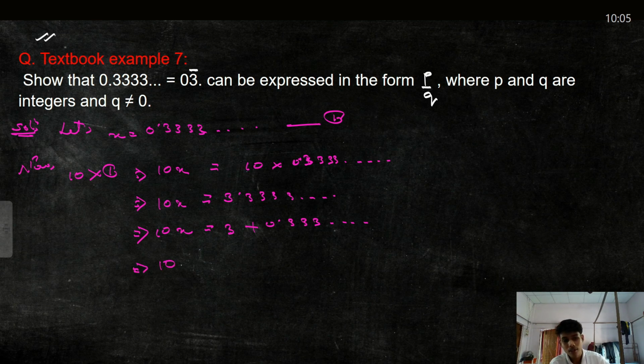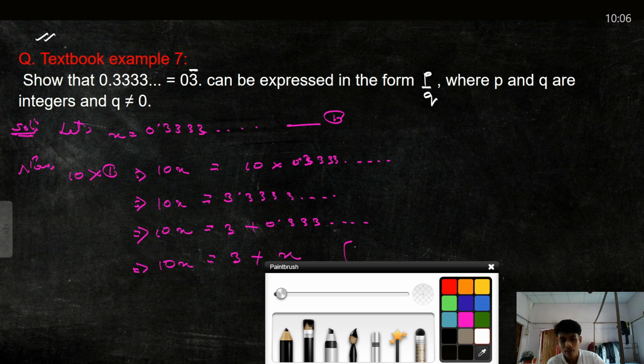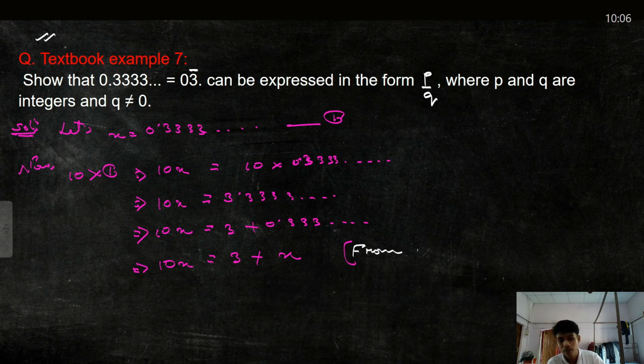Now comes the real part. 3 plus, now in equation 1 we have said that x equals 0.3333. Now here we can write 0.3333 as x, from equation 1.